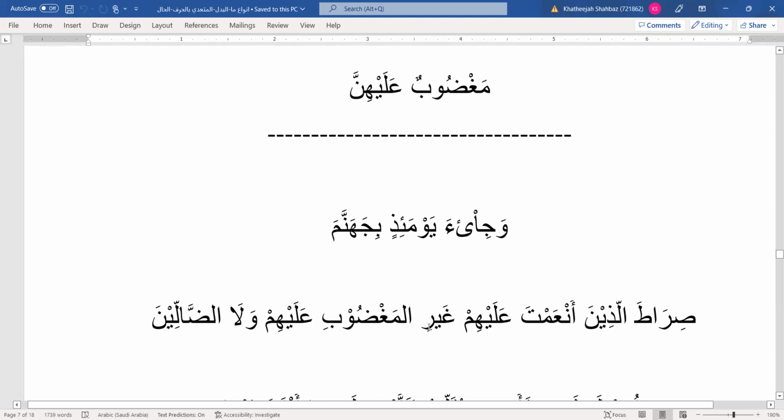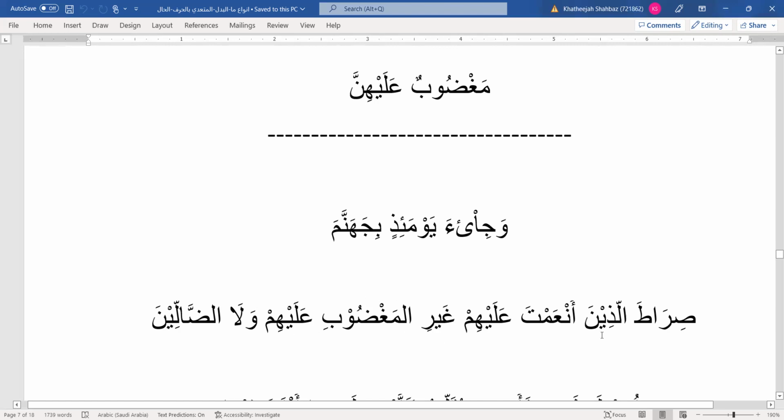If maghdubuna or maghdubina existed, it would be ghayril maghdubina waladdallina, in majroor status. But al-maghdubi alayhim is used as those who are angered upon.